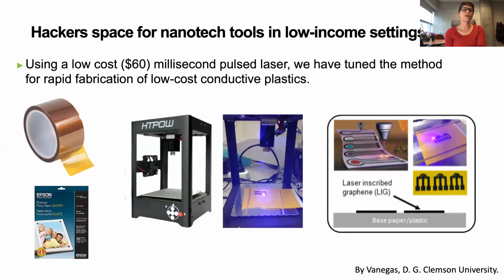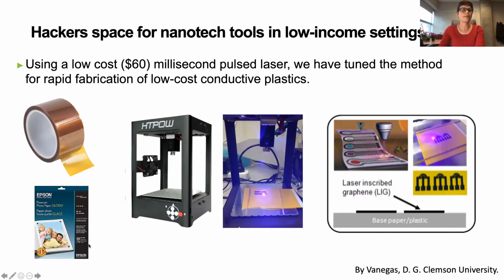So she went to Amazon and purchased a low-cost millisecond pulsed laser, and she was able to create sensors using a very rapid fabrication method. So here is showing what she did. She purchased Kapton tape that is highly used everywhere in electronics.